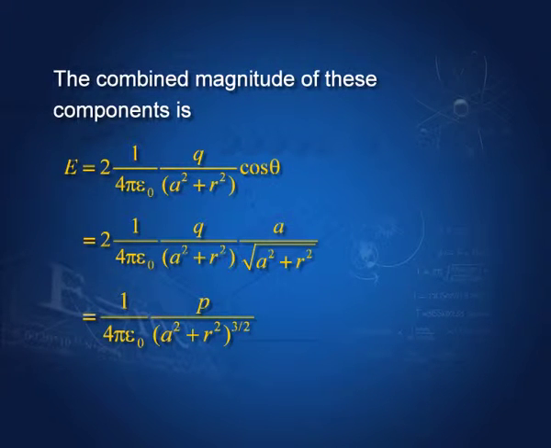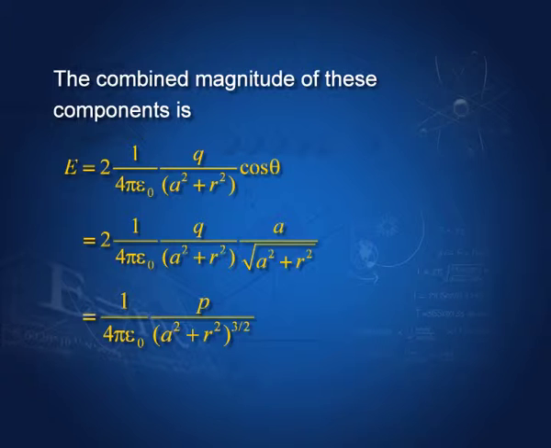Therefore, E is 2 into 1 by 4 pi epsilon 0 q by (a squared plus r squared) under root, the square of that. So it is a squared plus r squared into cosine theta, and cosine theta we can write as a by (a squared plus r squared) under root.